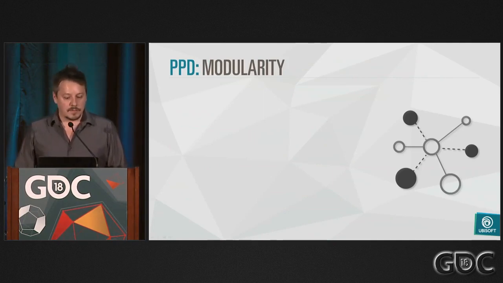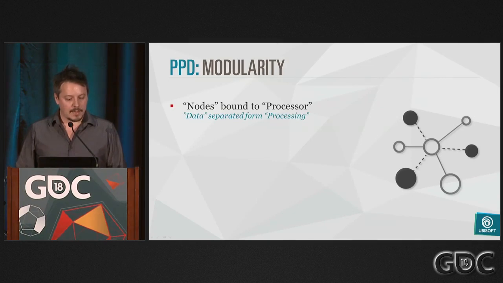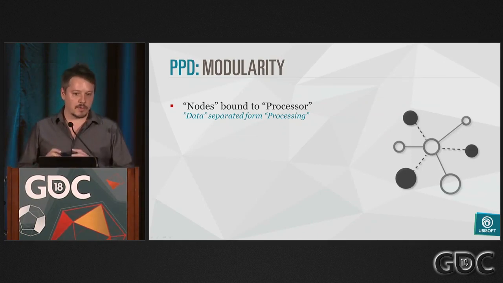Another strength of our system might be its modularity. By that I mean, we have the graph with all the nodes, but each node is associated to a processor. The processor is the part that our users need to write in order to write some code for the asset build system. The processor is just a collection of callbacks.